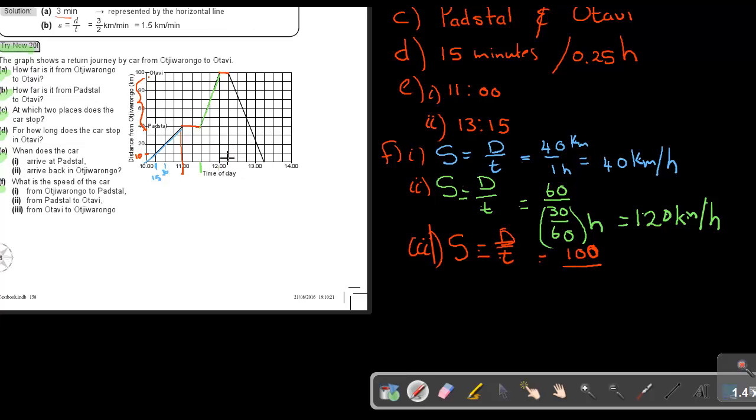My time is now from here. Remember, the car starts here, so it starts there and it ends there. Count the blocks. 1, 2, 3, 4. So it's just 1 hour. And that is going to give me just 100 kilometers per hour. And that's going to be the speed from Utawi to Otjiwarongo.